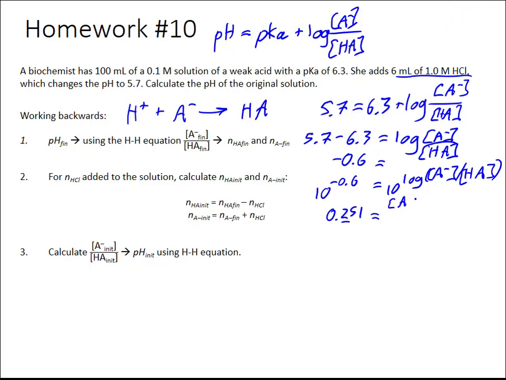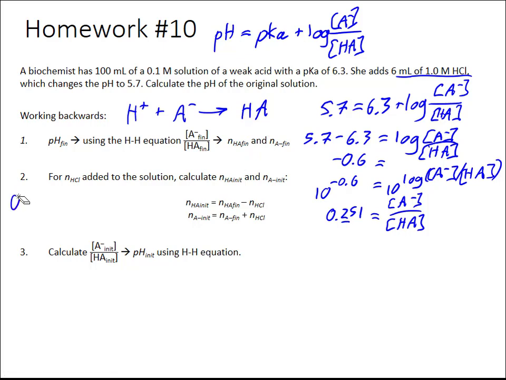We now know that this ratio is 0.251. And again, I'm retaining a couple extra digits just to prevent rounding errors. Now 0.251 is the ratio of conjugate base to conjugate acid. But because the volume is changing, we need to be dealing with amounts, like I mentioned here. So what amount of buffering acid did we start with?